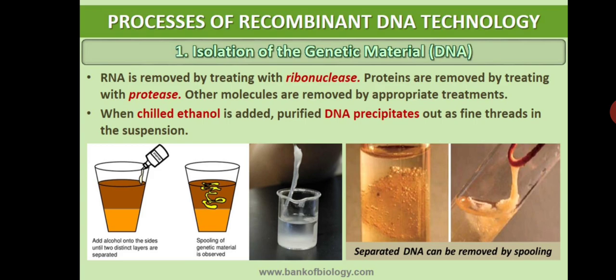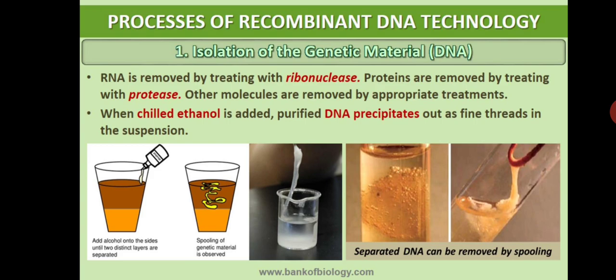To isolate that single gene, at first you have to identify that desired gene, where it is located in the entire genome of the organism. Understood? Gel electrophoresis is the process to isolate the desired gene from the entire genome.